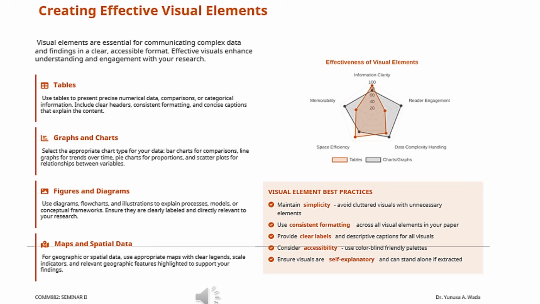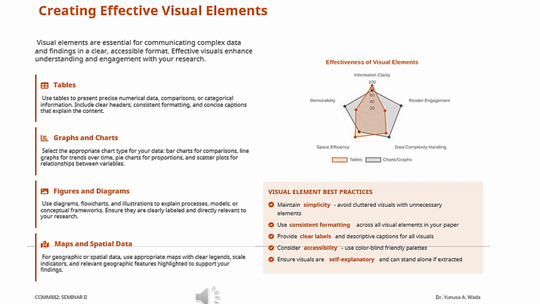Then you could use other elements like figures and diagrams. For instance, use diagrams, flowcharts, and illustrations to explain processes, models, or conceptual frameworks. You ensure they are clearly labeled and directly relevant to your research.